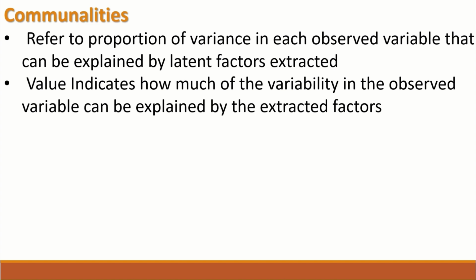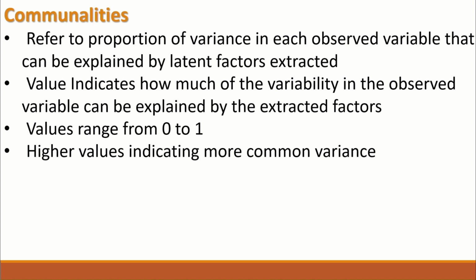So the value for communalities indicate how much of the variability in the observed variable that can be explained by the extracted factors. The values for communalities range from 0 to 1.